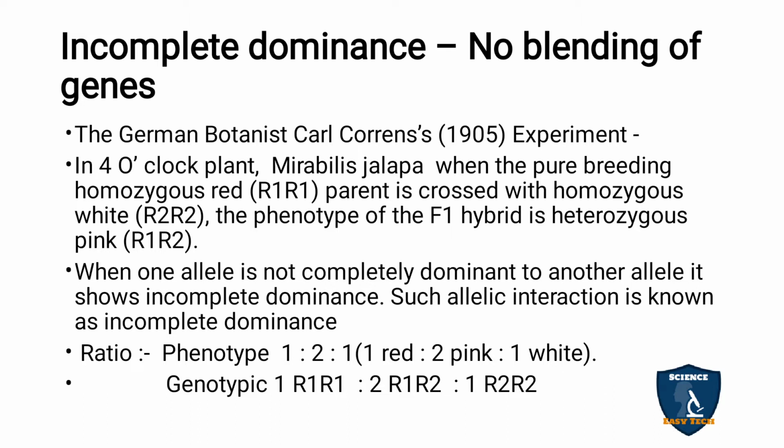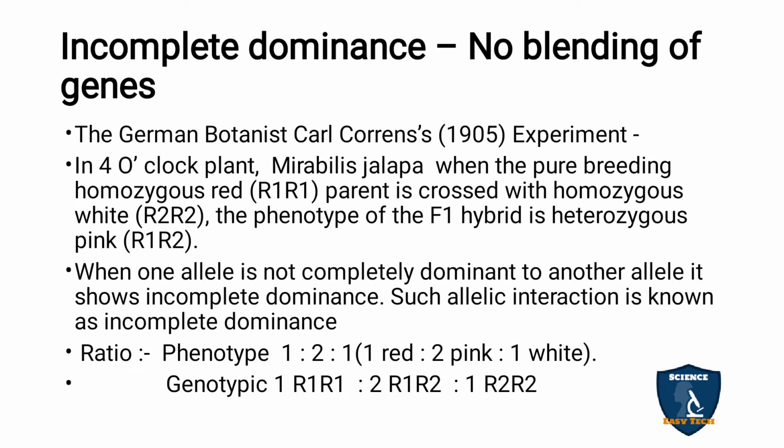He took a homozygous red color parent. Homozygous means the same color, where R1 is the gene for red color. He crossed the red flower with a homozygous white color parent, R2. But in F1, you get a heterozygous R1R2.